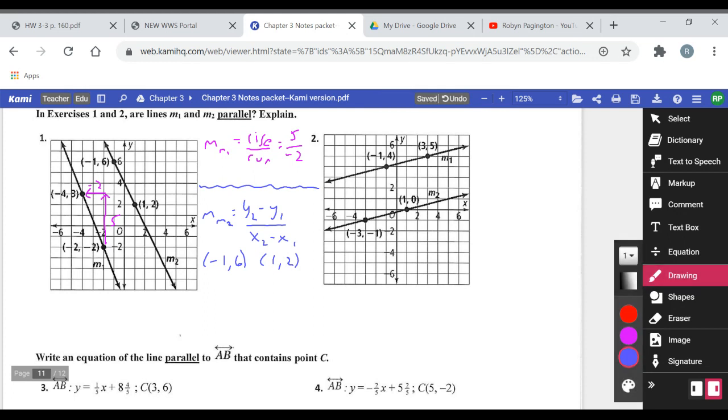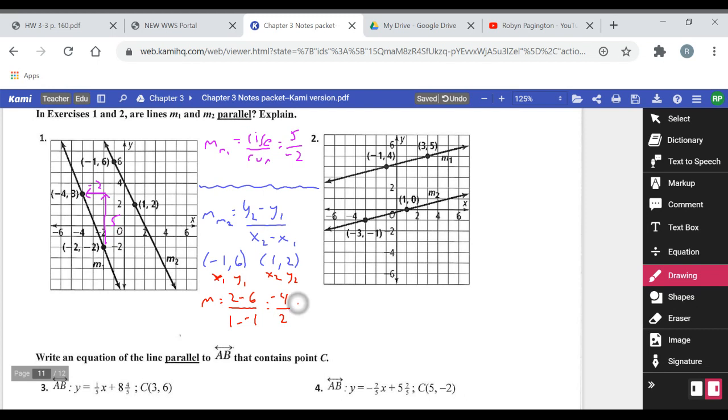So if I want to label these points, I can label one of my points x1, y1. And the other one I can label x2, y2. So when I plug those in, I can subtract the y's, so 2 minus 6. And I can subtract the x's, 1 minus -1. And that gives us -4 over 2, which is -2.